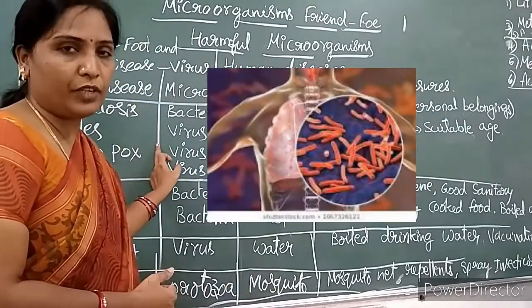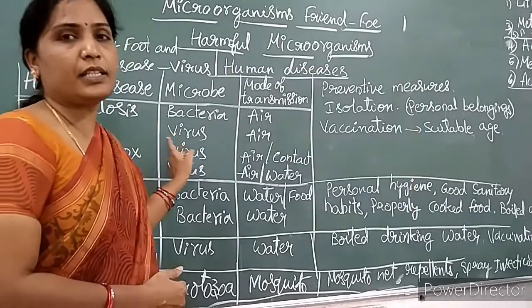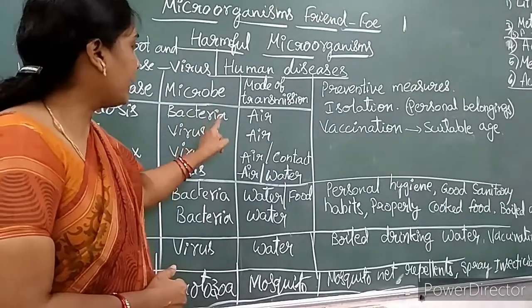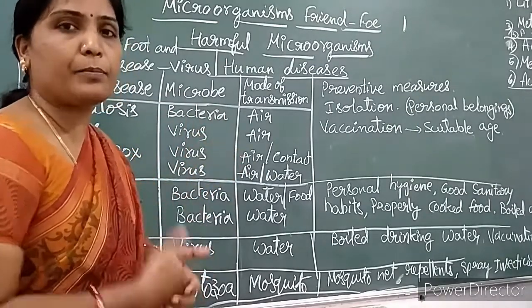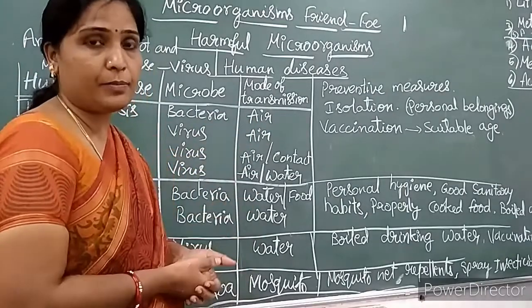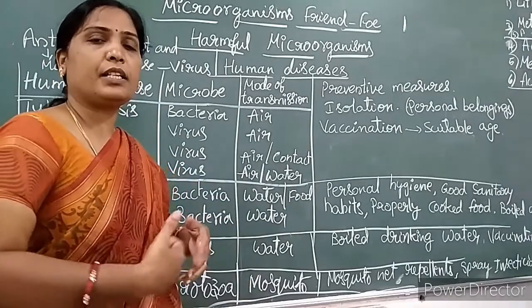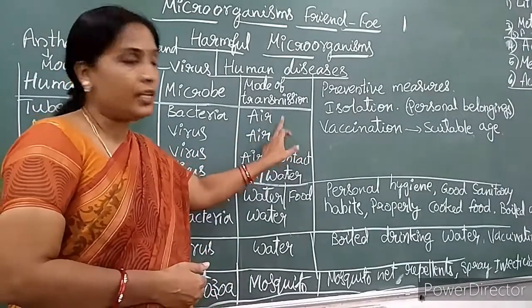In short form, we can also say TB. This disease is caused especially by bacteria. It is caused by bacteria and it spreads from person to person by air. As we discussed before how diseases spread, communicable diseases, in the same way it spreads through the air.